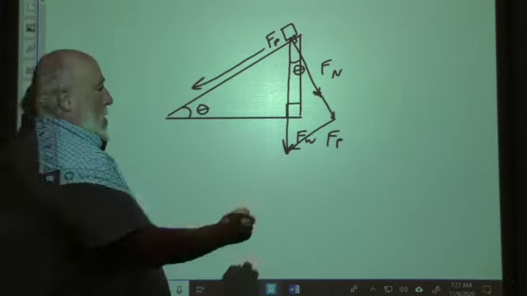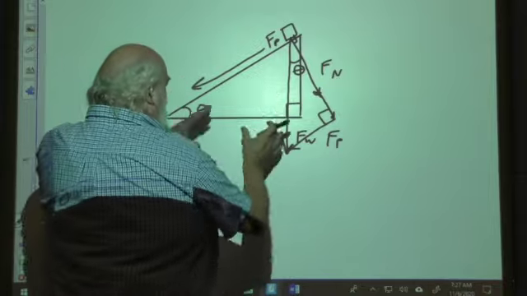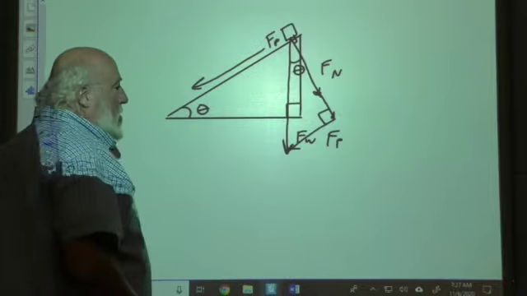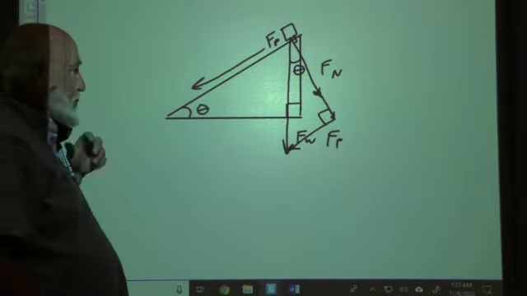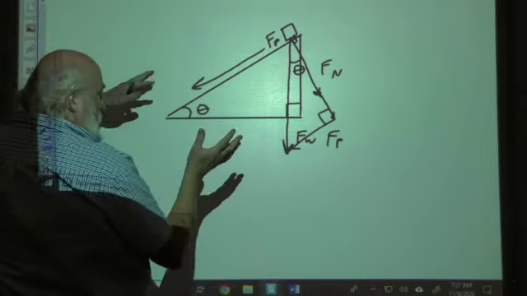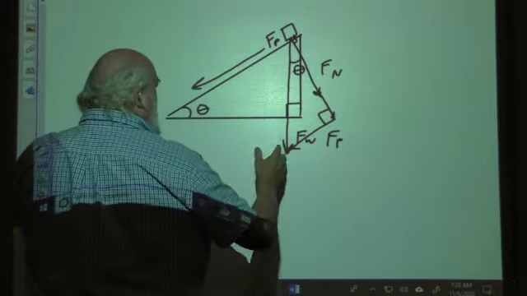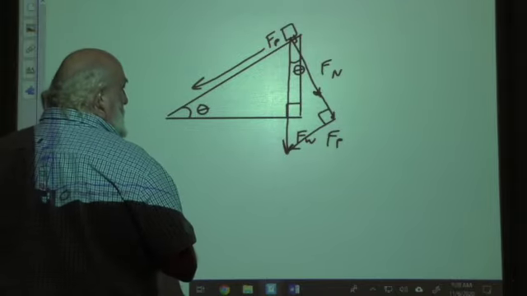That this right triangle that I have created right here is similar to this triangle we have right here, and therefore all the sides are proportional to each other. So this Fp and this Fp have a certain proportionality to it. Fw, which is equivalent to this Fw right here.